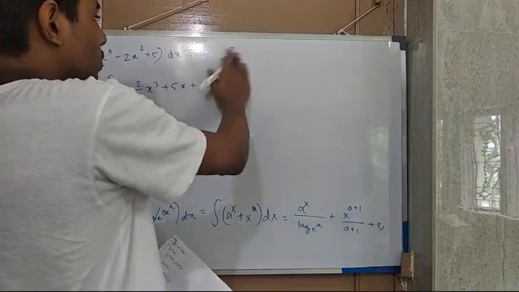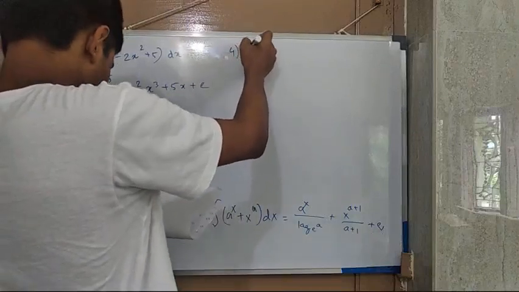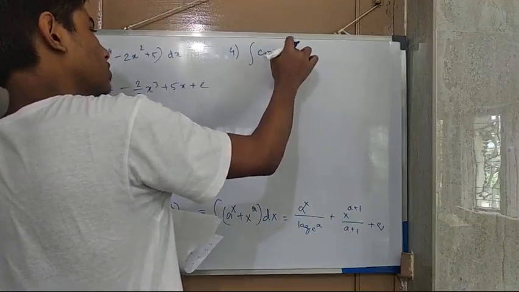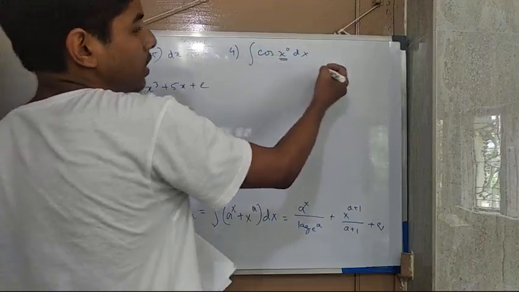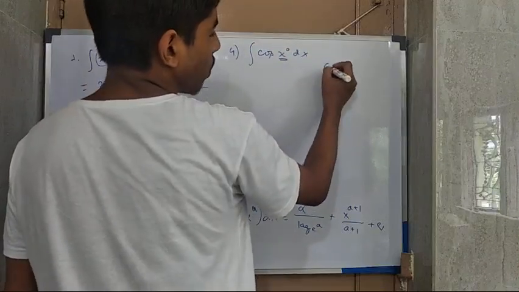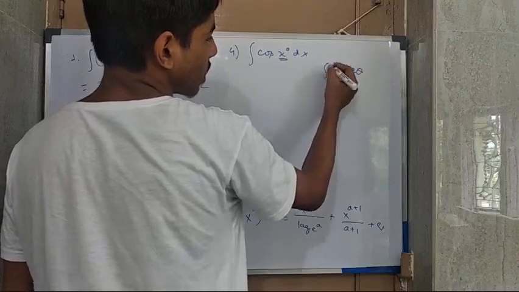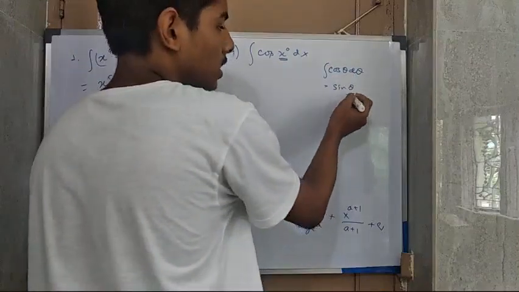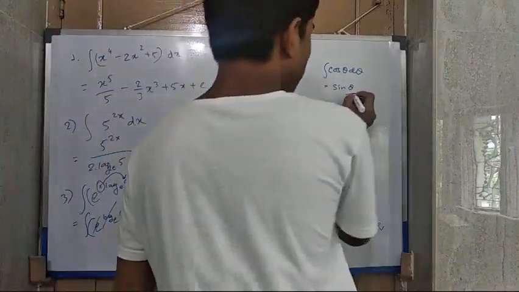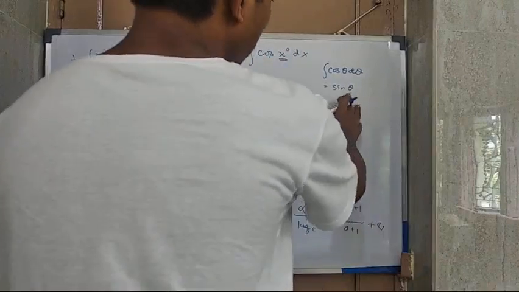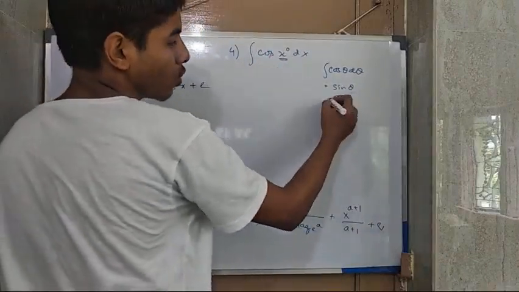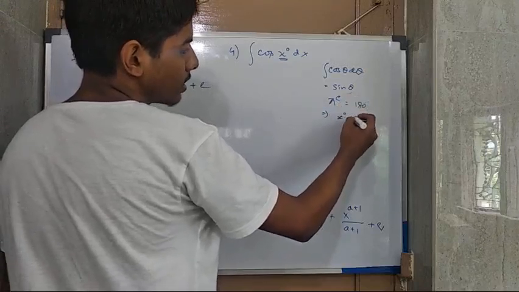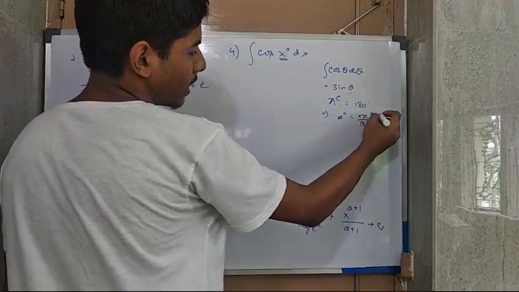So let's proceed to the fourth one, which is the integral of cos x degree dx. Now it is in degrees. As you all know, the integral of cos theta d theta is sine theta, but this happens when theta is in radians. In this case, as theta is in degrees, we have to convert it to radians. So pi radian is equal to 180 degrees, which implies x degree is equal to x pi by 180 radian.